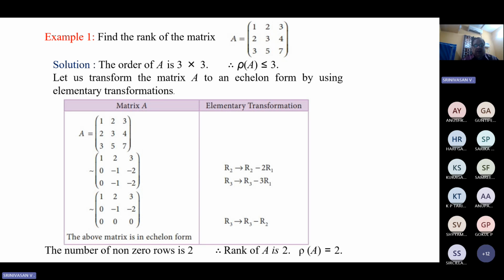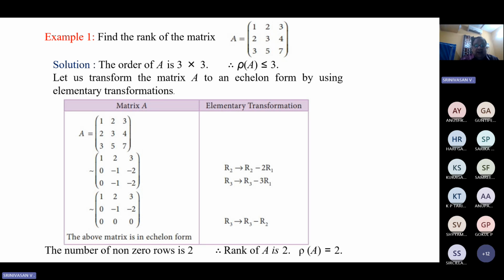In the process, we are not only making this an upper triangular matrix. Sometimes you may ask, sir, is it necessary that it will be like that when you do the second set of elementary row operations to make it into echelon form, that is, upper triangular matrix?